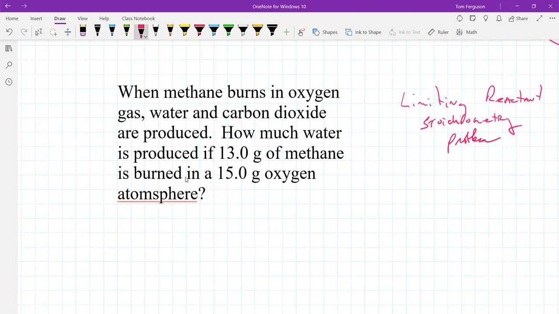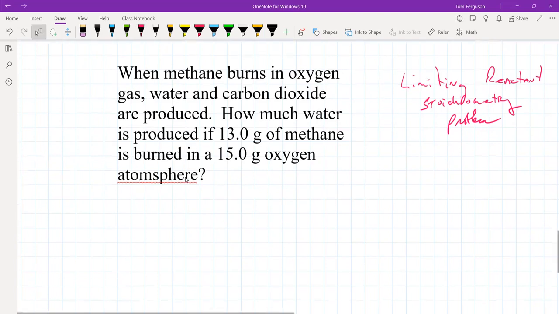Sometimes they call it limiting reagent. Whenever there's more than one given, you're going to have to do 3 more calculations over and above a simple one, so we're going to end up with 4 calculations per problem. All right, so let's just start with 13 grams of methane.